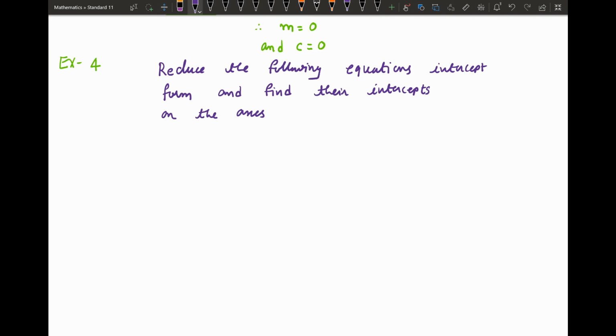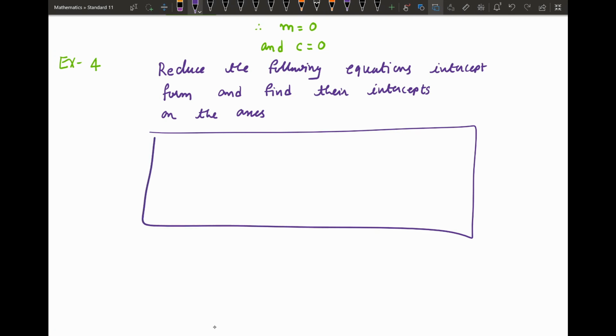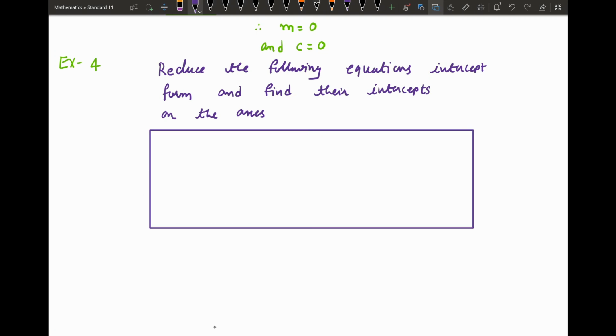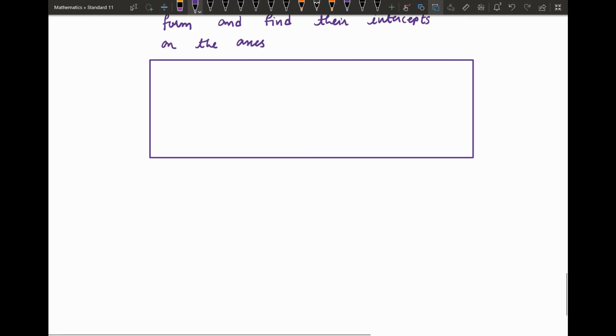So before we solve the problem, we discuss the method. What is intercept form? We have already discussed this intercept form: x by a plus y by b equal to 1. We have used it so many times.